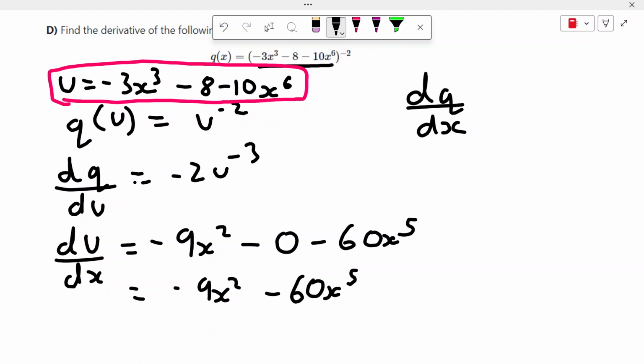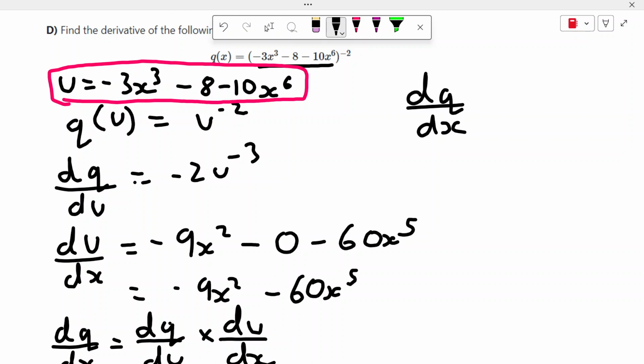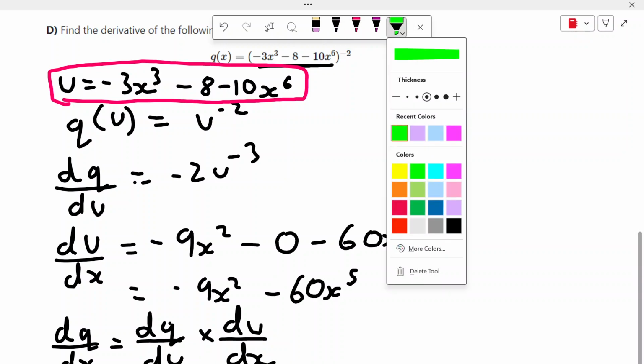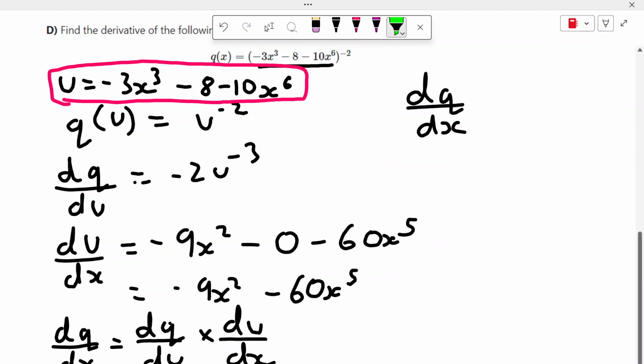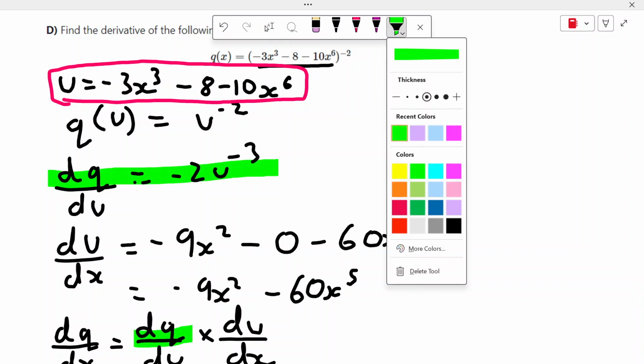Okay, so now we do the same thing. They just need to multiply each other. So dq dx is equal to dq du times by du dx. Okay, so now you can see, hopefully, where they come into it.